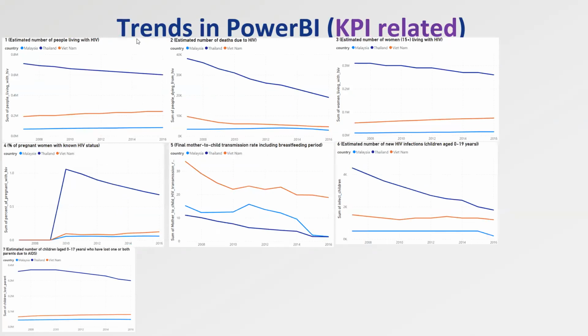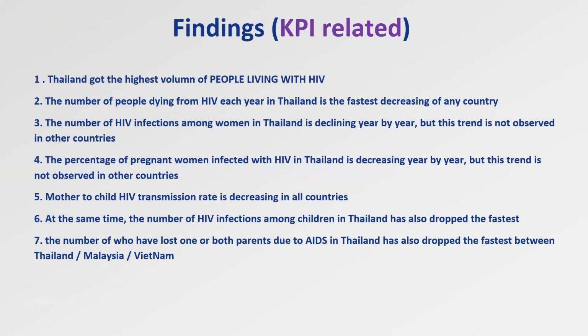And here are the graphs I got from Power BI, and we can see some trends from these graphs. This is KPI related. Here are the findings from the graphs. The first one is that Thailand has the highest number of people living with HIV.